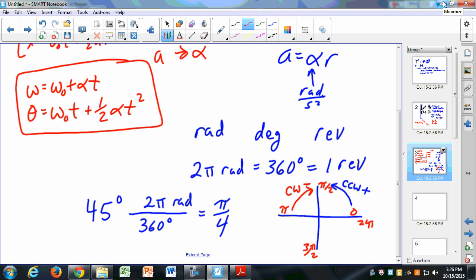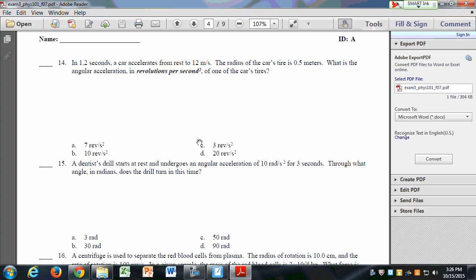So let's try this problem now, because all of these things sort of come into play in this particular problem. I have a time of 1.2 seconds. That's t. I accelerate from rest to 12 meters per second. So careful here. This is my velocity. This is v naught.